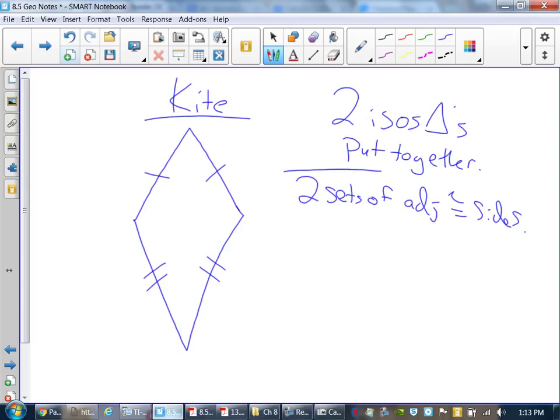So what happens inside of kites is the angles between the sets of congruent sides are always congruent because of the properties of isosceles triangles.